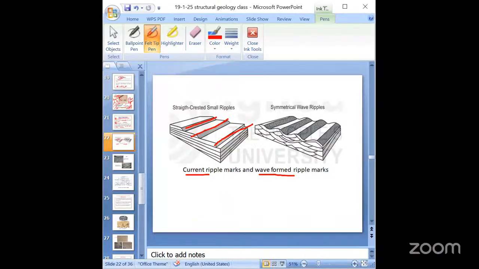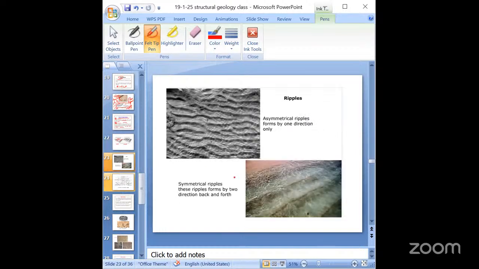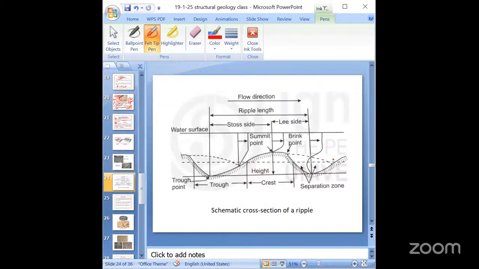These are shallow water features, indicative of a stagnant body of water frequently agitated by waves. Now you see these are some of the asymmetrical and symmetrical ripple marks, real pictures. This is the schematic cross section of ripple marks.